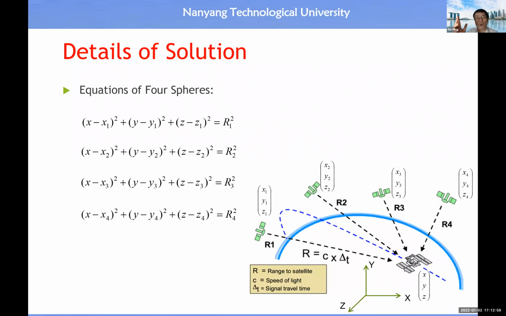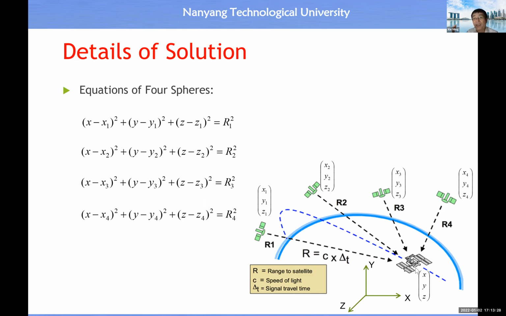The equations should come from the 4 equations of 4 spheres, because we have 4 emitters: emitter 1, emitter 2, emitter 3, emitter 4. Each emitter has its own precise XYZ coordinate, and each emitter will send out the time signal with the sending time.